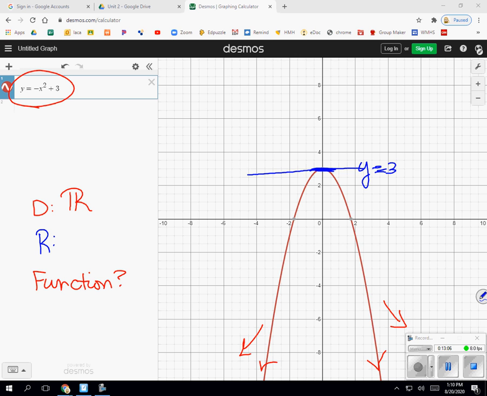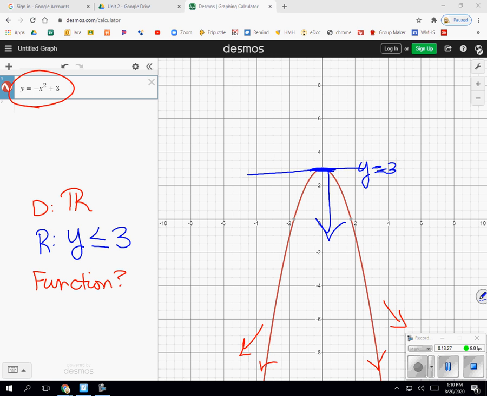So we want to say that this y value 3 and all of the y values below it are going to be on this graph. So I'm going to say that my range values are my y values less than or equal to 3.